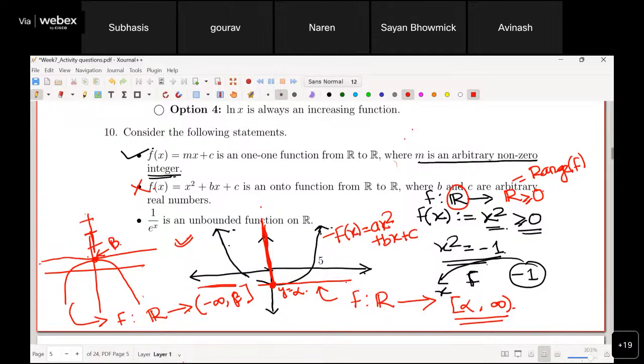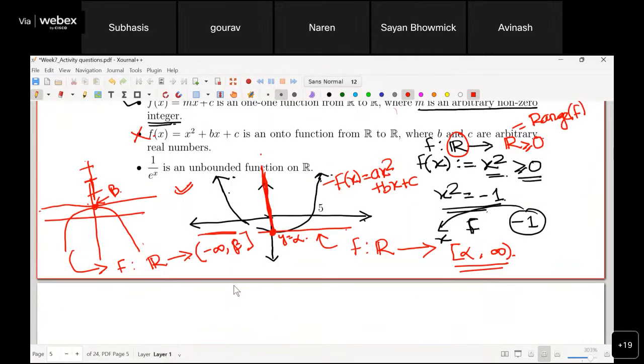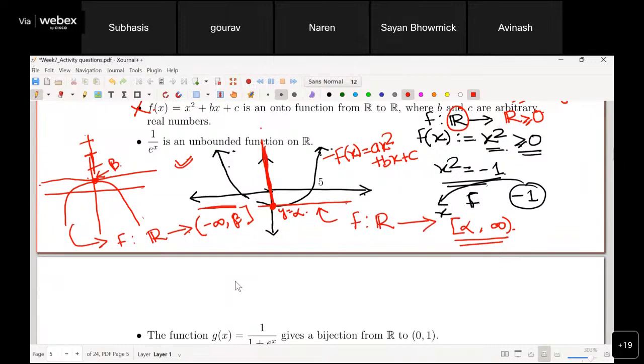It is true, sir. It is an unbounded function. It's easy to see: if you take x to be negative numbers, say x equal to minus 3, then it's basically 1 by e to the power minus 3, which is e to the power 3.